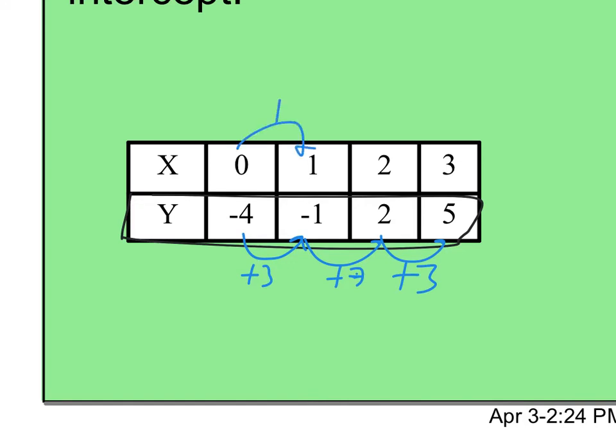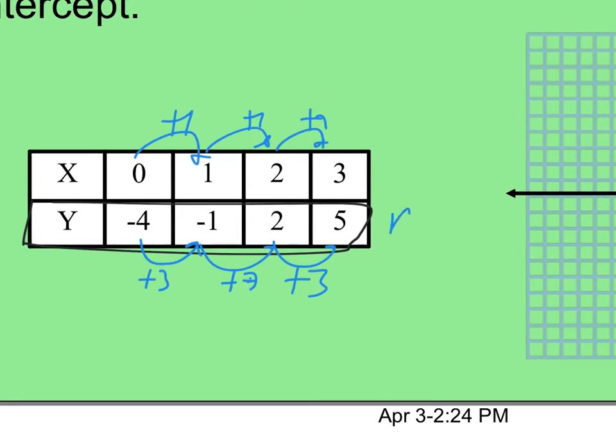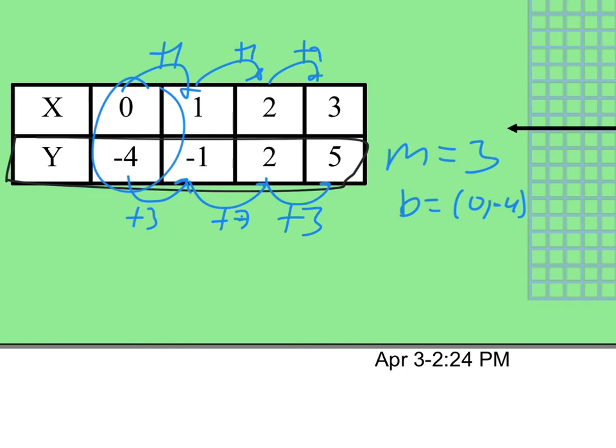As the top is going, the x-coordinates are going up by 1, up by 1, up by 1. Again, that would tell me that my slope would be 3 over 1, or just 3. And my y-intercept, I can see it in the table here again, which is 0, negative 4.